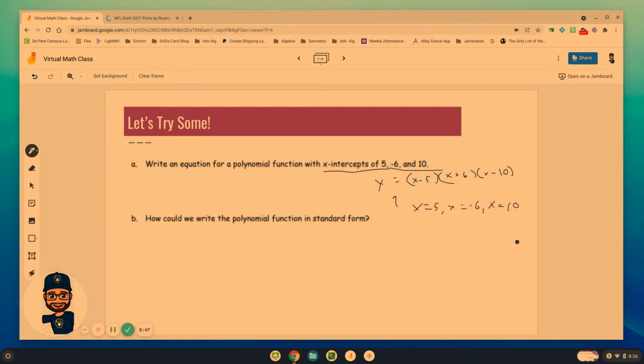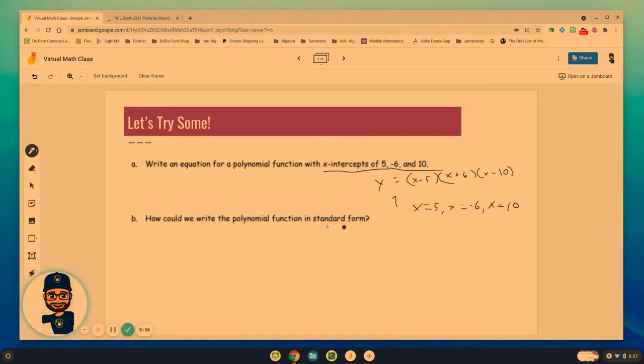And so working backwards is basically just using the opposite of what we have, right? It's that two-way path. X minus 5 solves into x equals 5, x plus 6 solves into x equals negative 6, and x minus 10 solves to x equals 10.